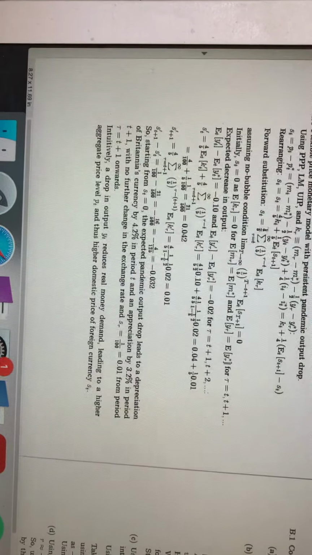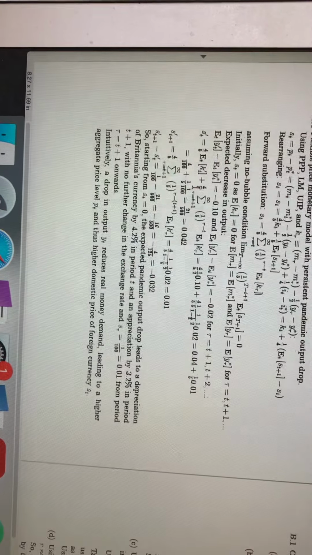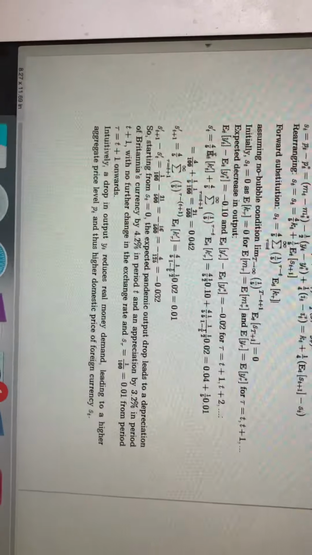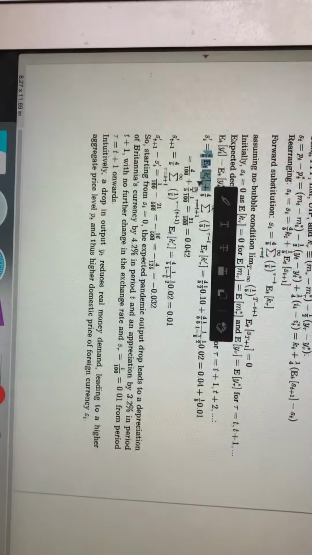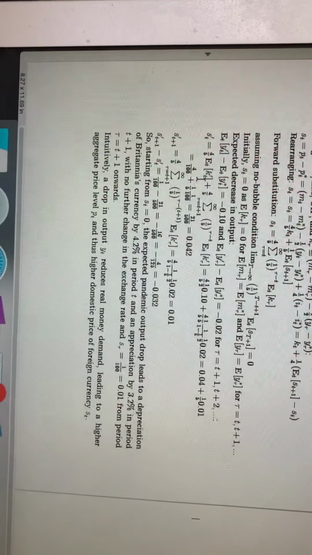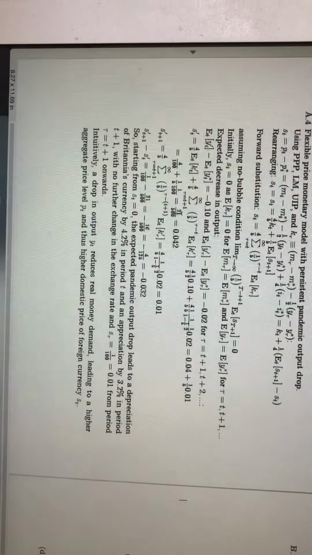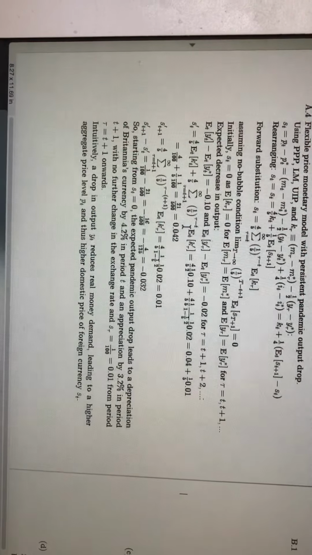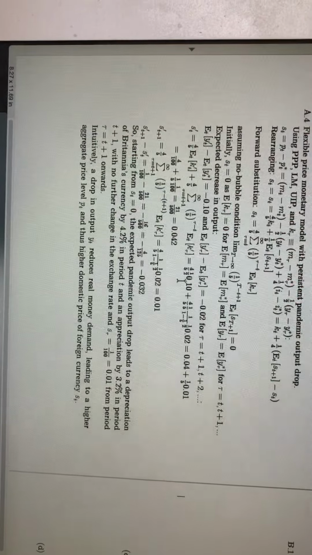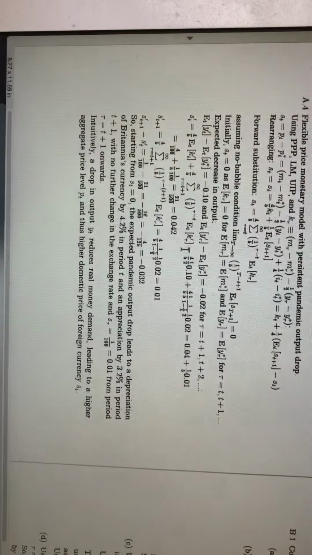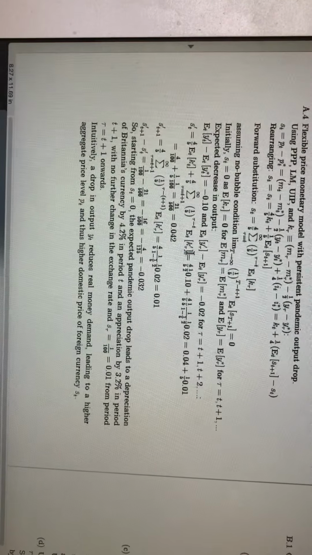So by using our equation, we can see what happens to S. Notice that we only have one term here because the first decrease will happen for one term, and then from period T plus 1 onwards, the reduction in output is going to be permanent.